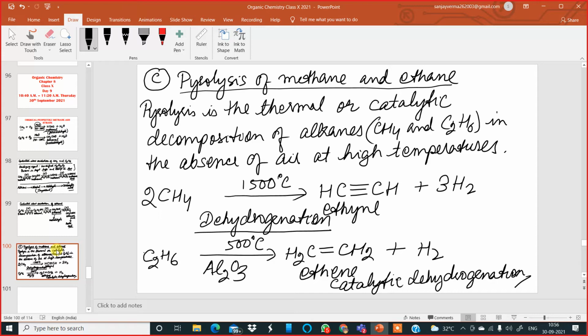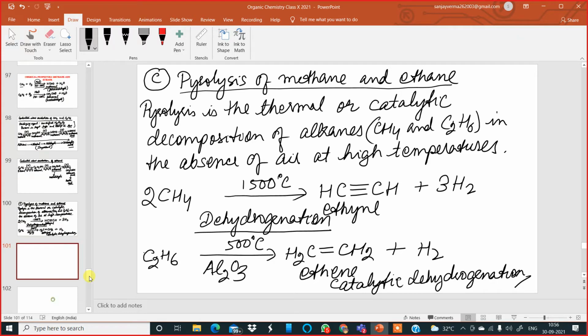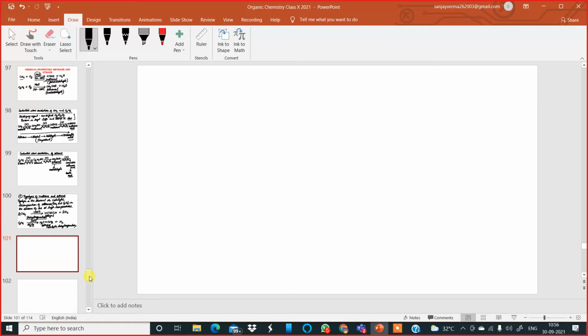Now we move to the next topic under methane and ethane: uses of methane and ethane.